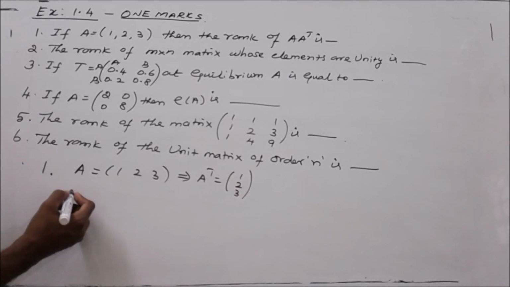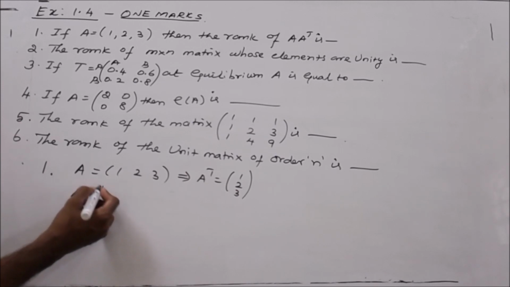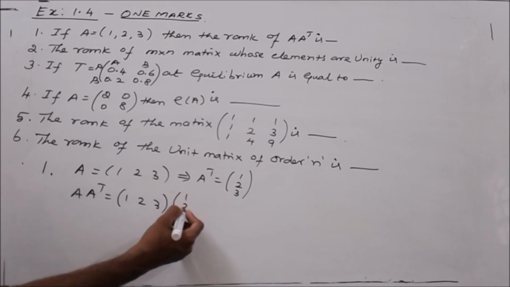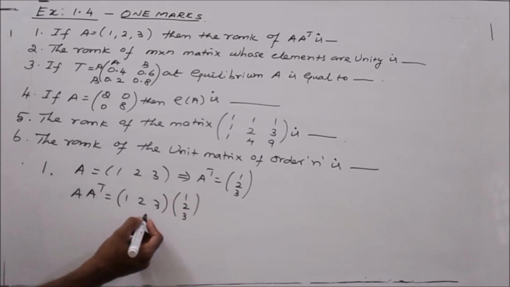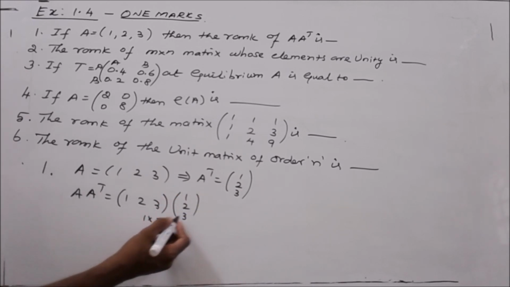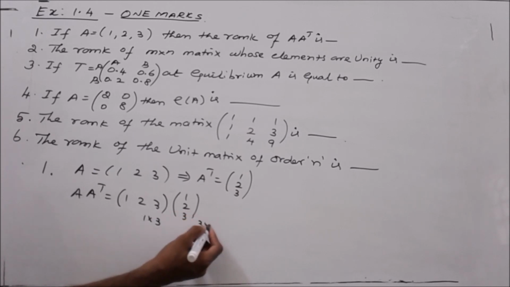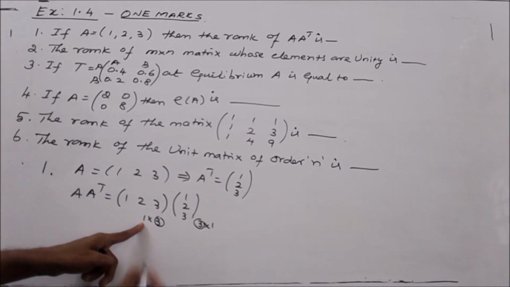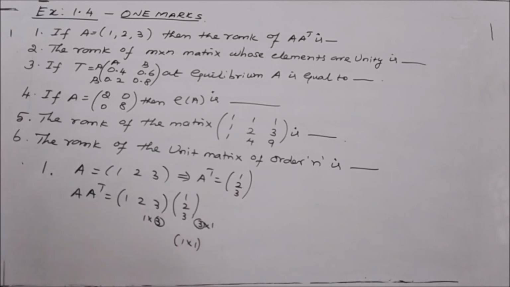Multiplying A into A transpose, the order of A is 1 cross 3 and the order of A transpose is 3 cross 1. So both are multipliable. Then when we multiply, the order will be 1 cross 1.